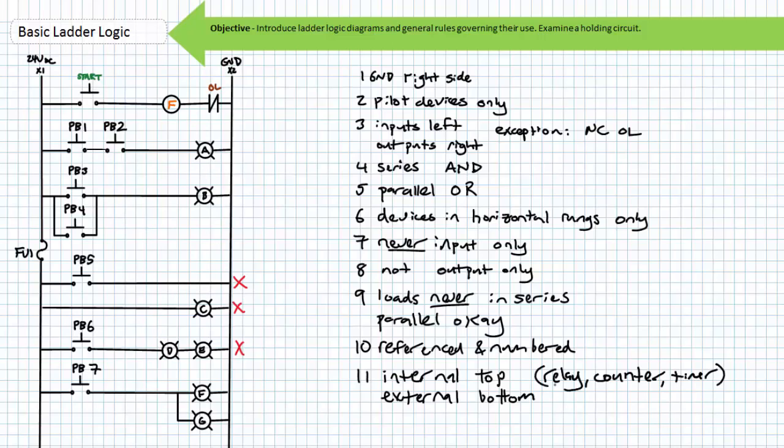The control relay, counter, and timer, since they perform internal logic functions, would be in the top half of the ladder logic diagram, and the solenoid and pilot lamp, since they are observable external outputs, would appear in the bottom half. Again, this will make more sense as we extend our analysis into increasingly complicated electrically controlled systems.